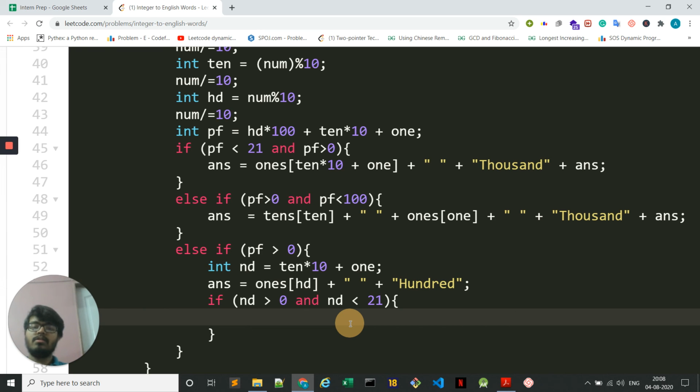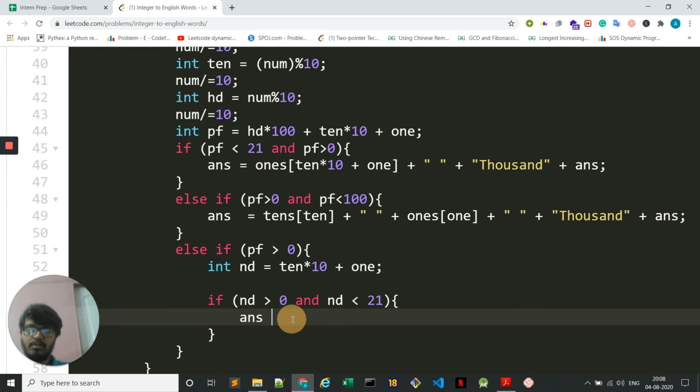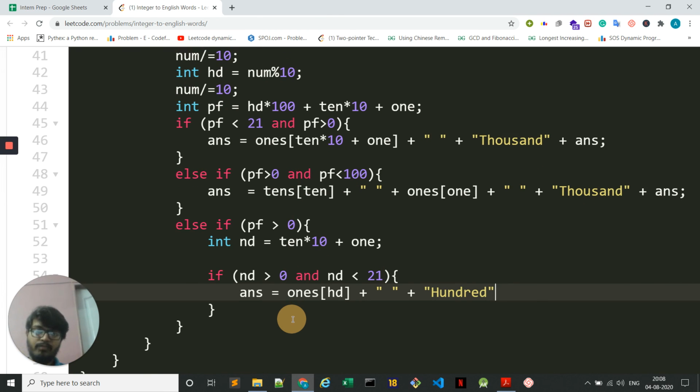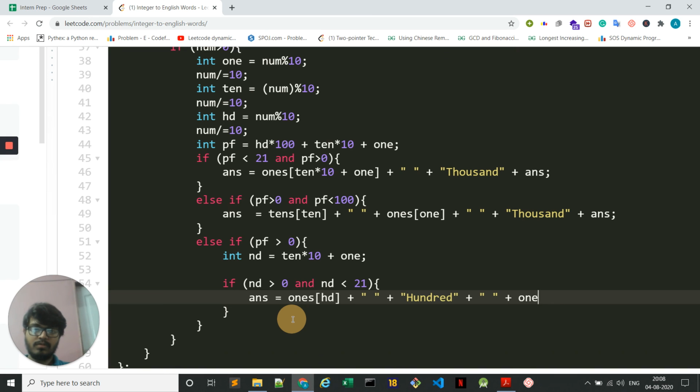But if ND is greater than 0 and less than 21, then answer should also be, no, no. I need to add everything together, plus ones of ND, plus.